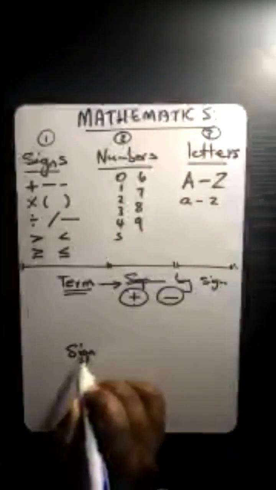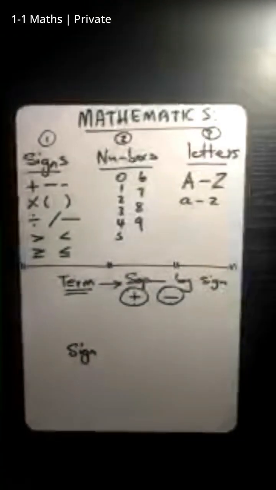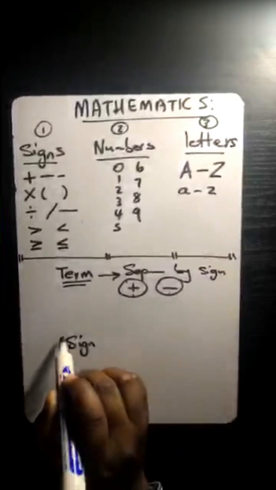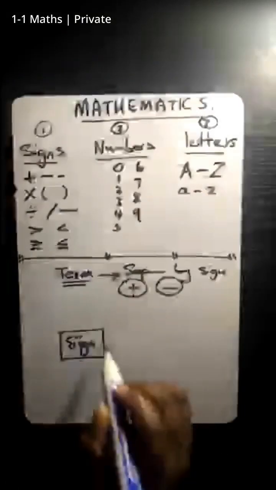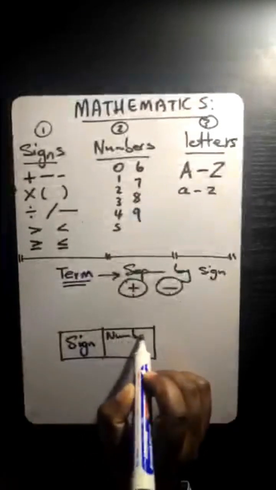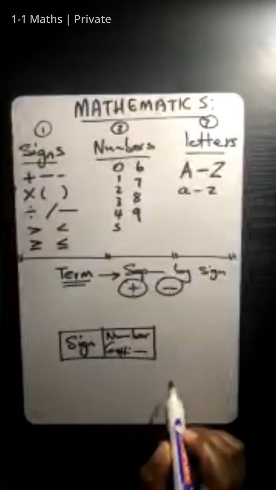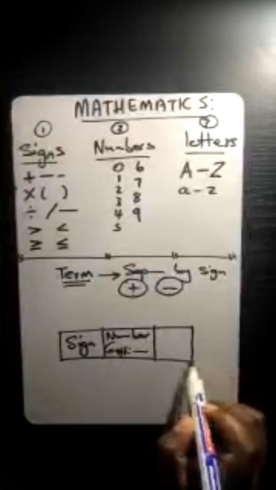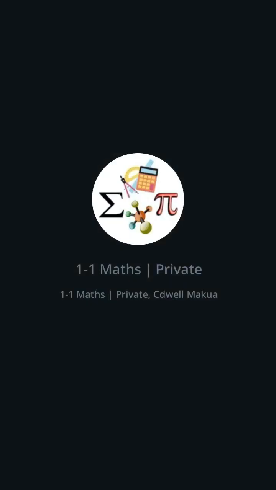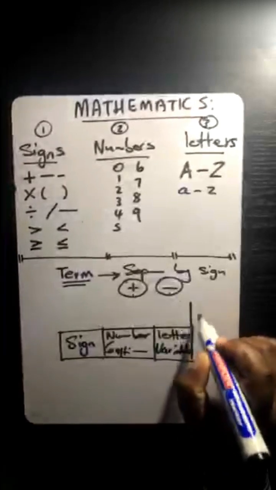So a term is made up of, number one, a sign. We have a number, sometimes referred to as a coefficient. And then what comes after is the letter in simple terms. To complicate it, we can say a variable. And then lastly, we have a power.